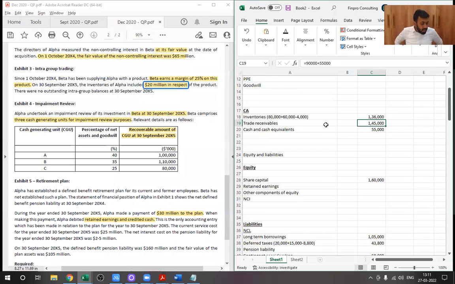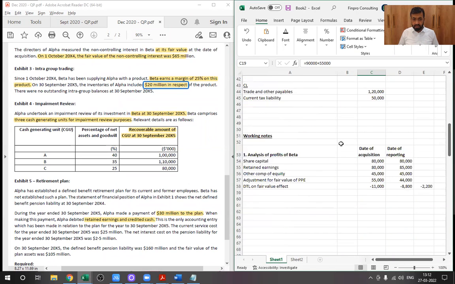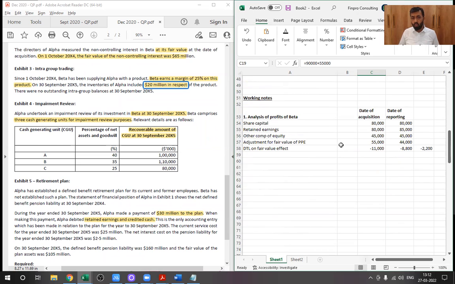Okay, so this is inventory. Inventory will be 1,36,000 ultimately, and then the second effect. Where will the second effect go? So Beta profit will get reduced by 4,000. Correct, but where are Beta profits showing currently?